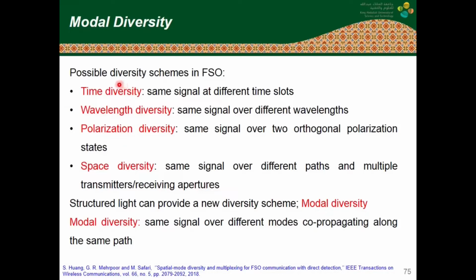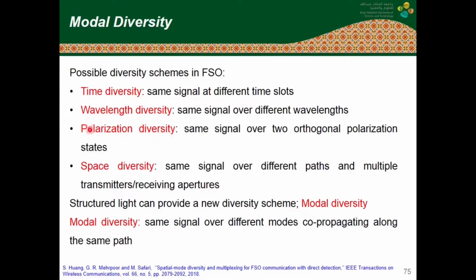In single channel FSO, we have different diversity schemes to mitigate the effect of turbulence. For example, we can have time diversity by sending the same signal at different time slots. We can also have wavelength diversity by sending the same information over different wavelengths.